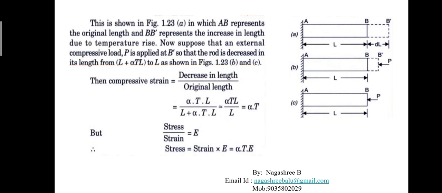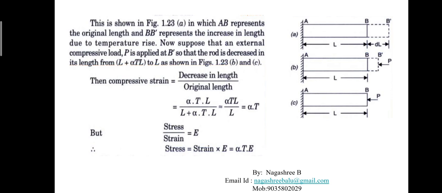Next, if there is application of a compressive load of magnitude P, the result is compressive strain, which is nothing but the decrease in length relative to the original length. The decrease in length is L plus alpha TL minus L. Why minus L?